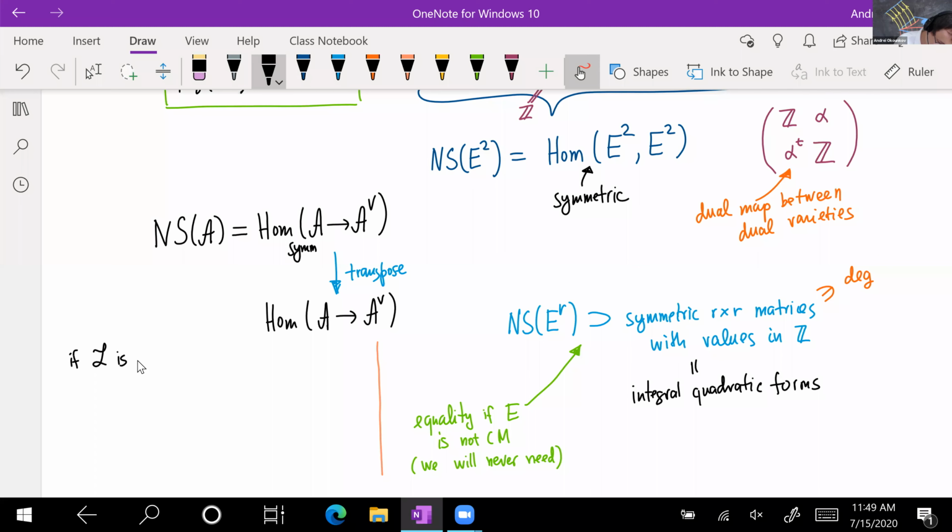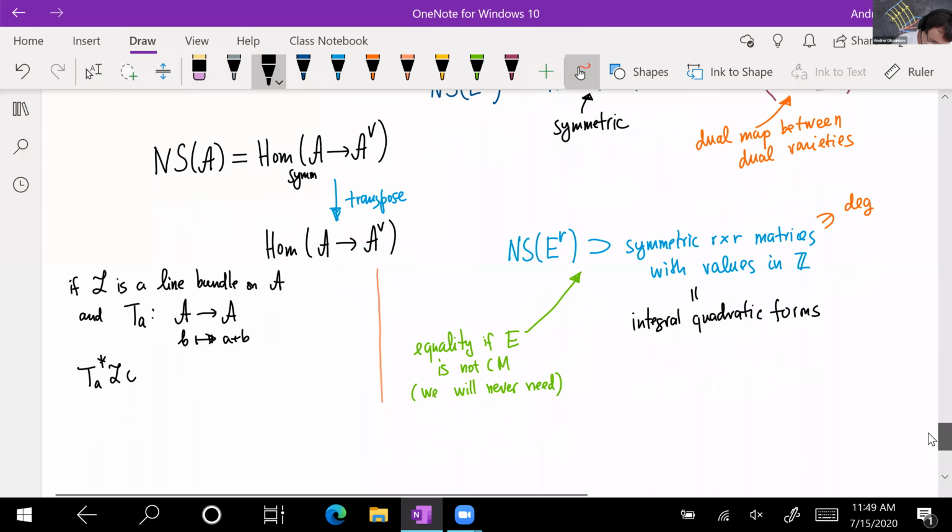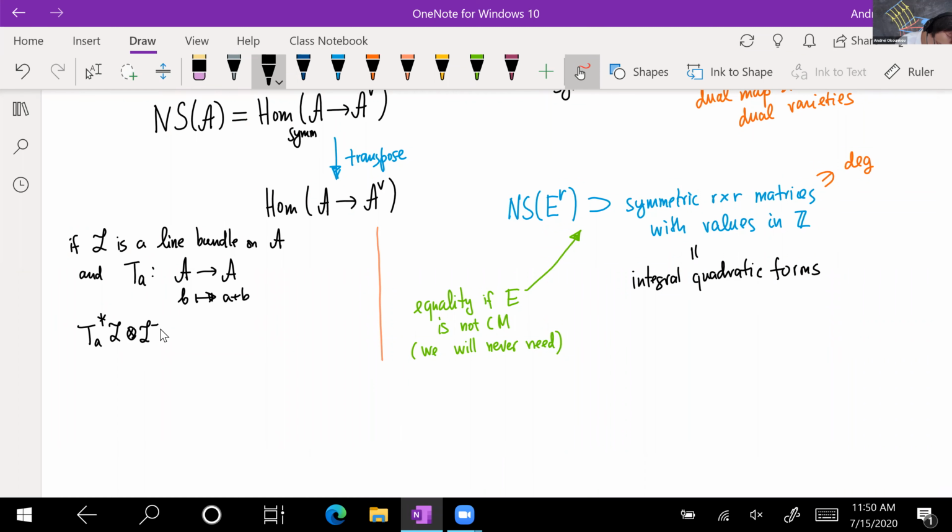If L is a line bundle on A, and T_a is the translation by a map, so a map from A to A where some element b goes to a plus b, then if I take T_a pulled back by this map and tensor it with L inverse, this is a map from A to Pic^0 of A, so it's a map from A to A check.